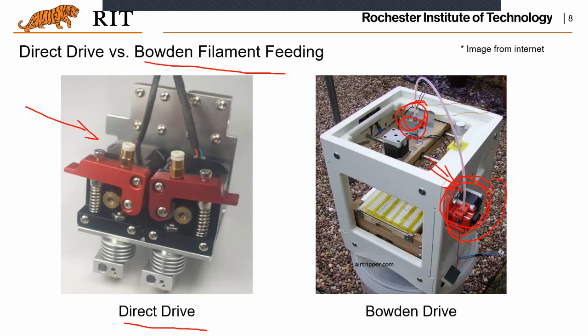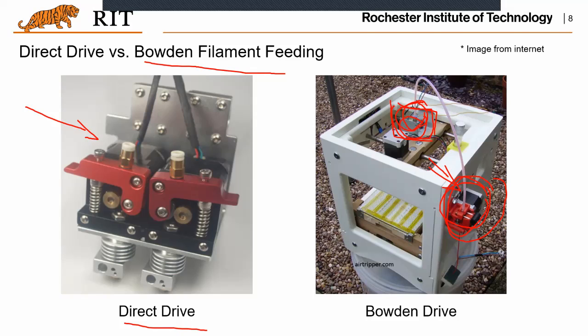But the benefit of having a Bowden filament feeding is you are removing weight from this hot end. And this hot end will be the movable part to print, right? If the weight of this printing end is lightweight, that has a benefit to the control of this hot end.